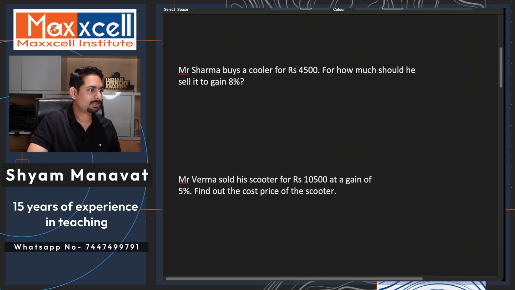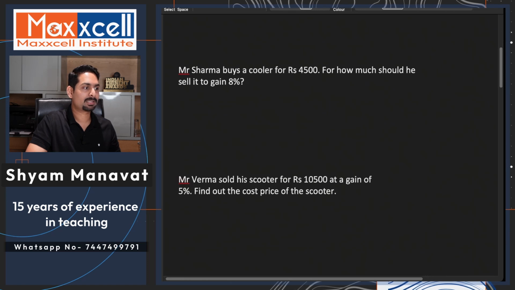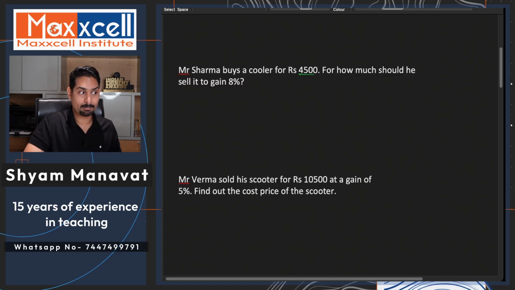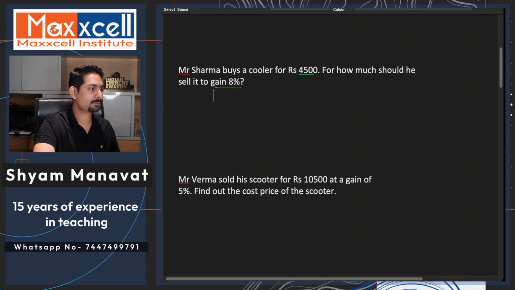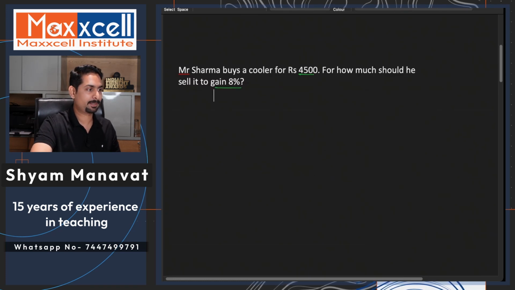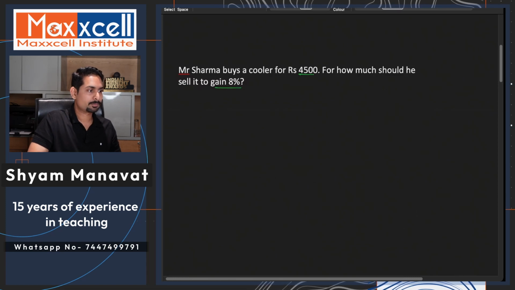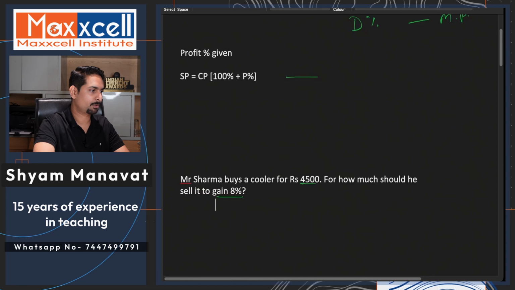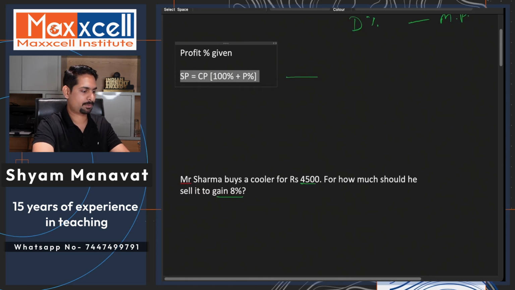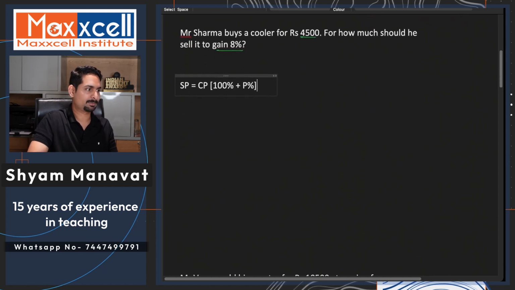Let me show you the implementation. Here we have question 1, which says Mr. Sharma buys a cooler for 4,500 rupees. For how much should he sell it to gain 8%? Let me copy the formula so you understand how to replace.